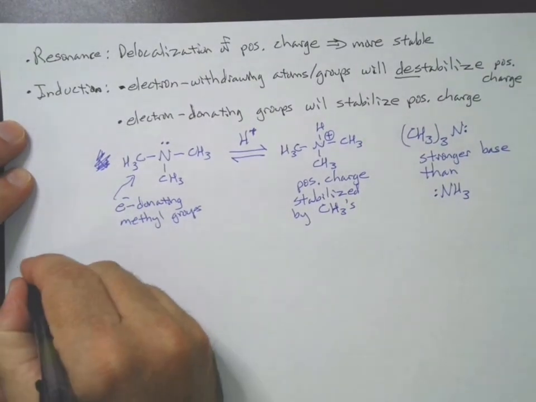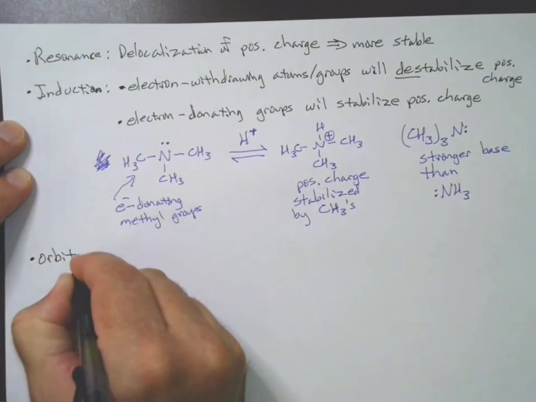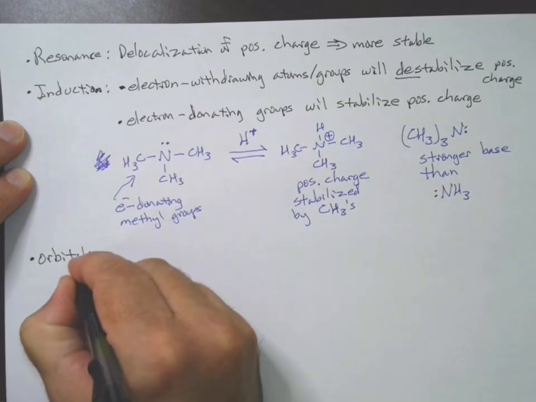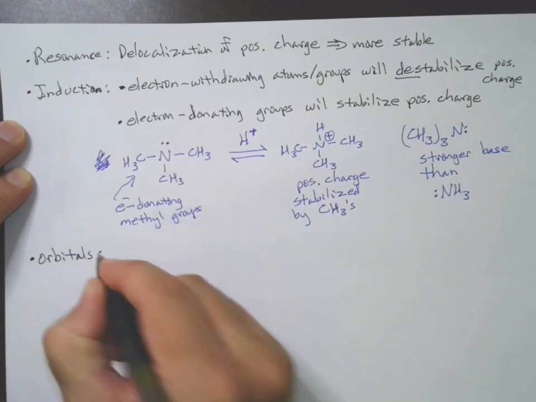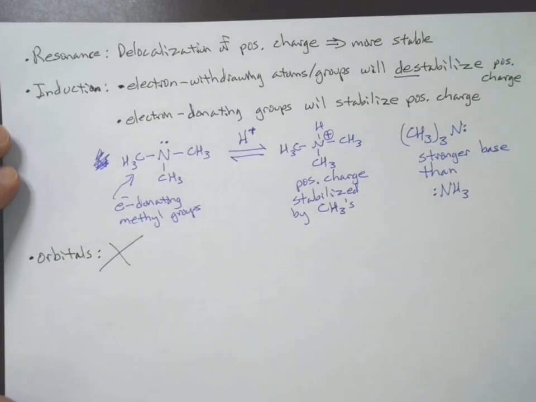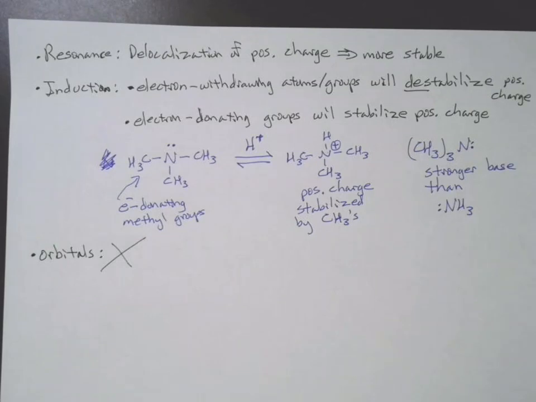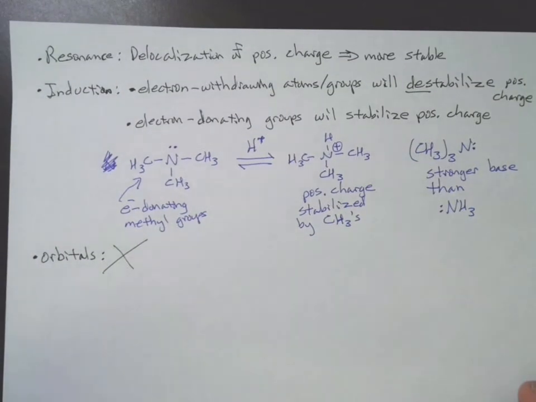All right, lastly, we have orbitals. Let's go back here and let's get rid of that O in REO, okay? Because the positive charge is not in an orbital. An orbital has electrons in it.